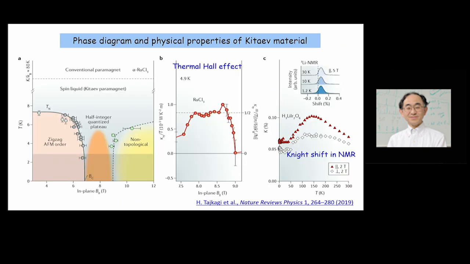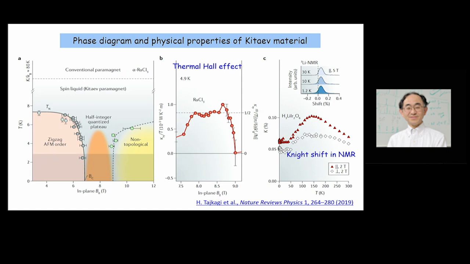So once you have, these are real materials, so-called alpha ruthenium chloride, not oxides, I'm sorry, but these are very fashionable materials now. Unfortunately, under zero magnetic field, this becomes an antiferromagnetic insulator. But under the magnetic field, there occur some states where no magnetic ordering is observed.